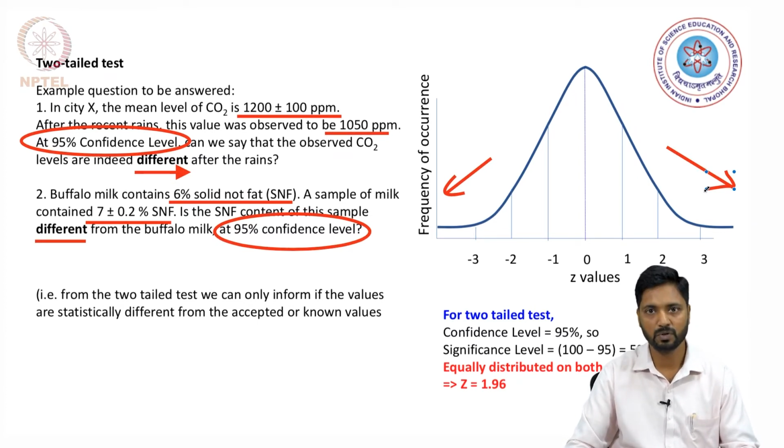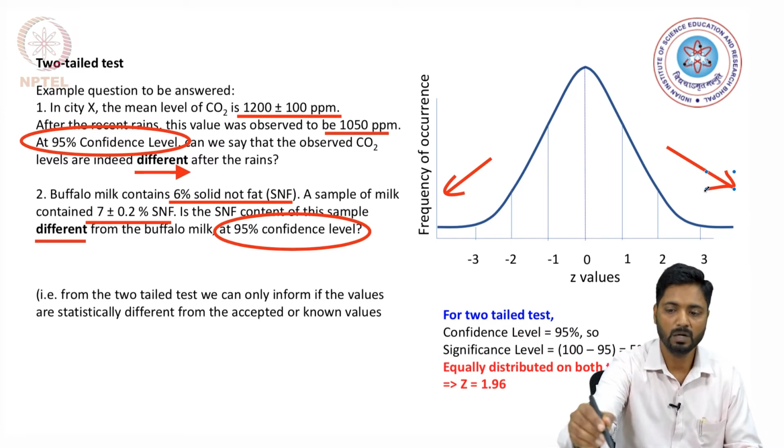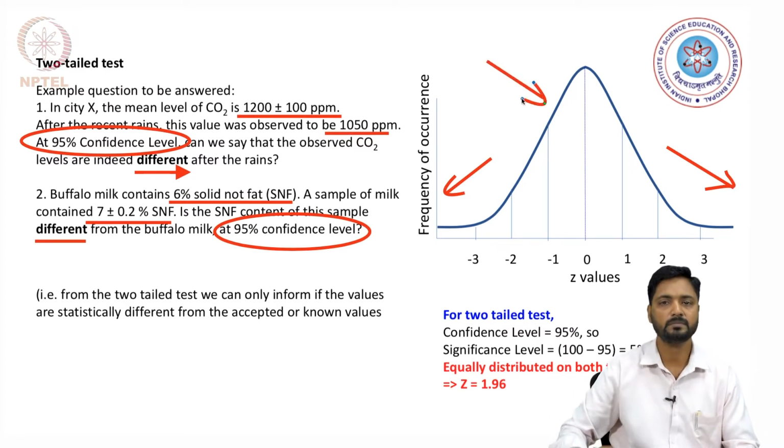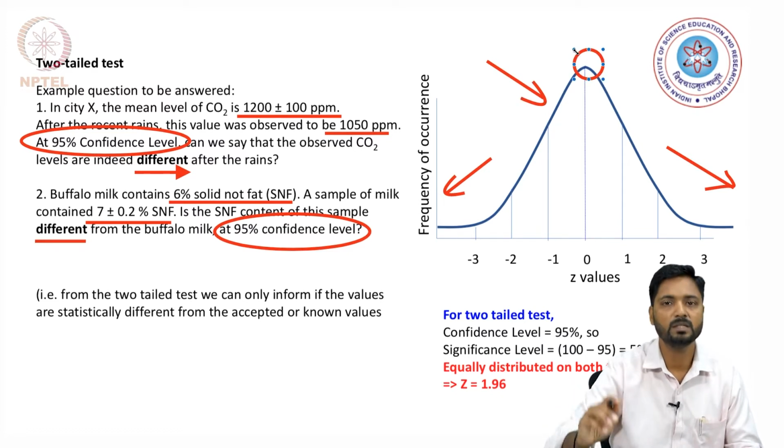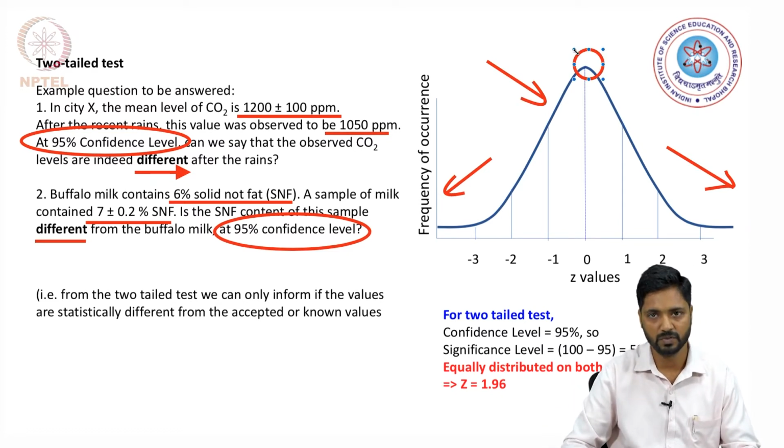As we have already discussed, a randomly collected sample from a large population will follow a Gaussian profile, and the mean value will be the most probable value as well.